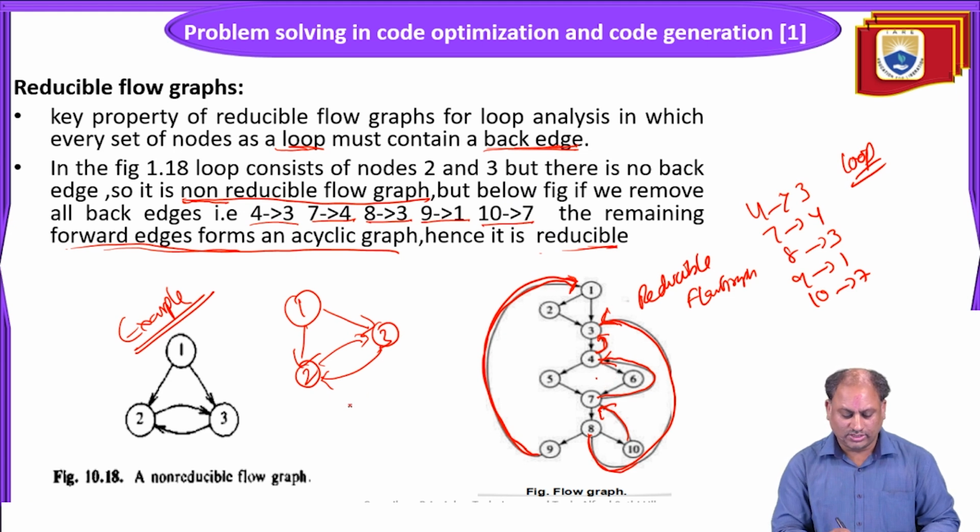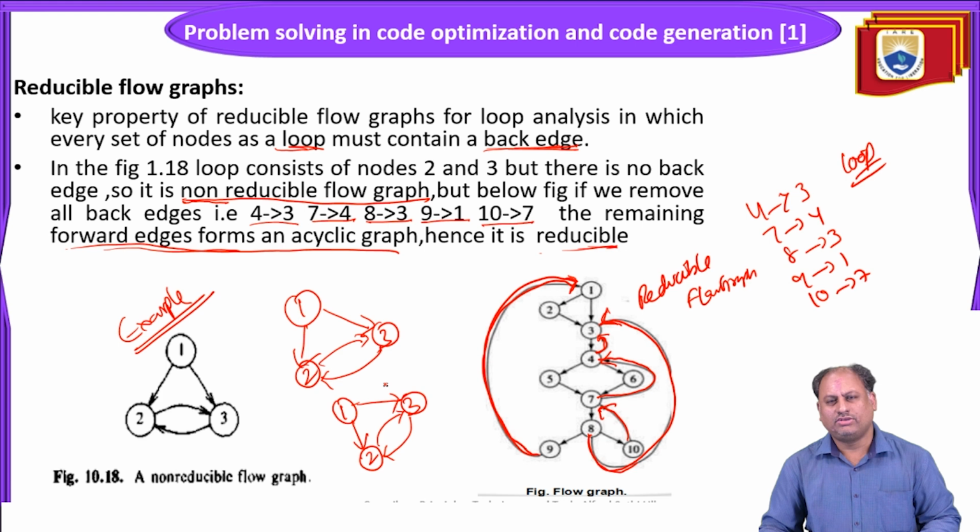Reducible flow graph. Here suppose 1 to 2, so the node 1 and the edge 2. So 1 to 2, similarly 1 to 3, and 2 to 3 and 3 to 2, which has several nodes and transitions, but there is no back edge.